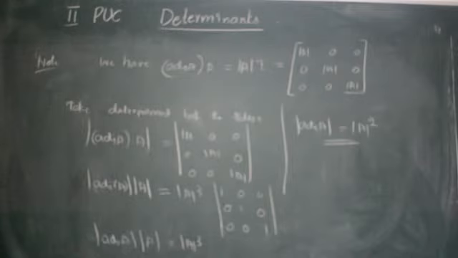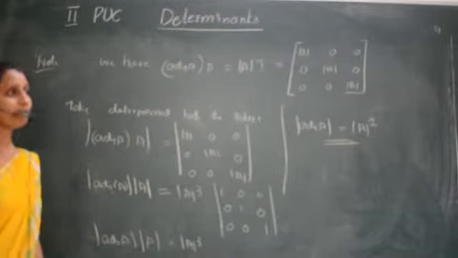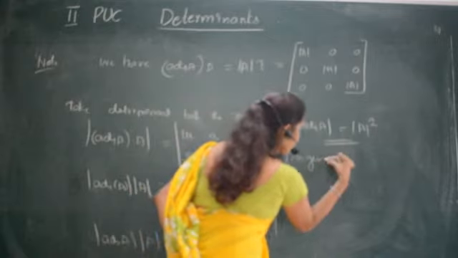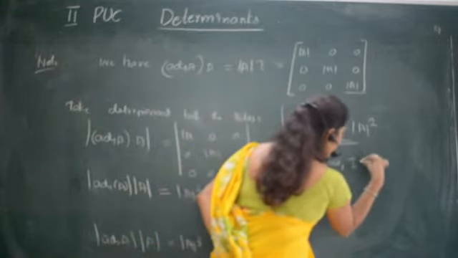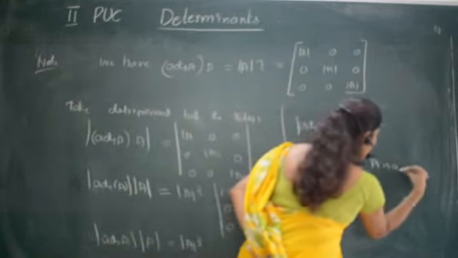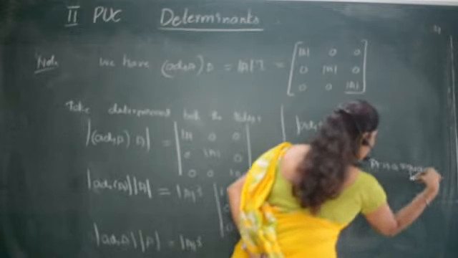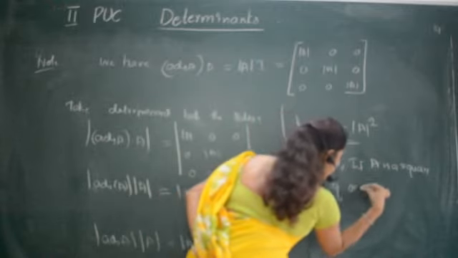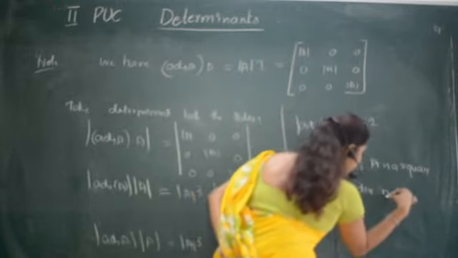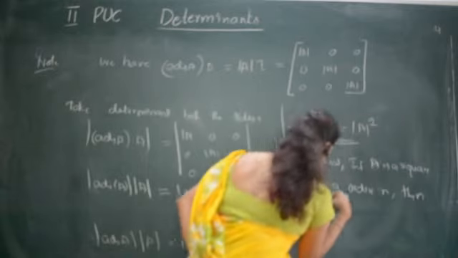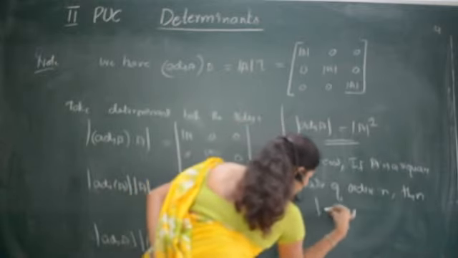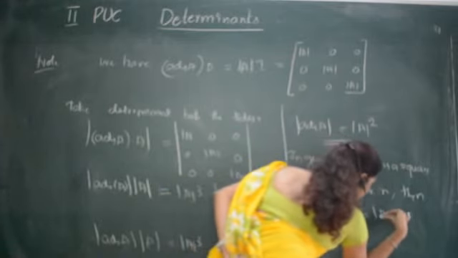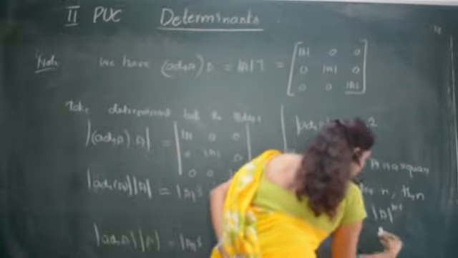In general, if A is a square matrix of order n, then the determinant of adjoint A is equal to determinant of A to the power n minus 1.